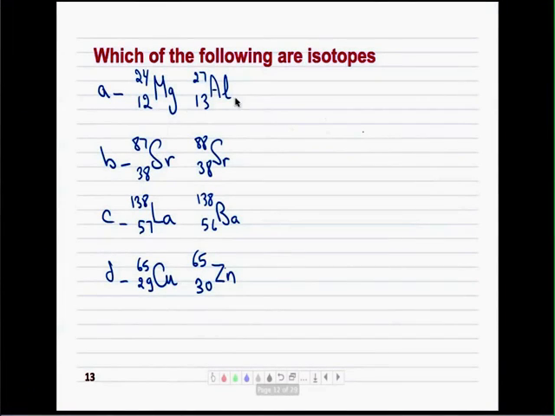Before we go any further, let's cover this. Which of the following are isotopes?